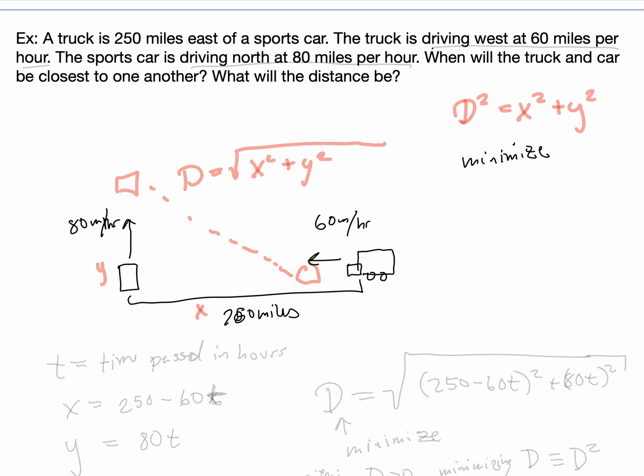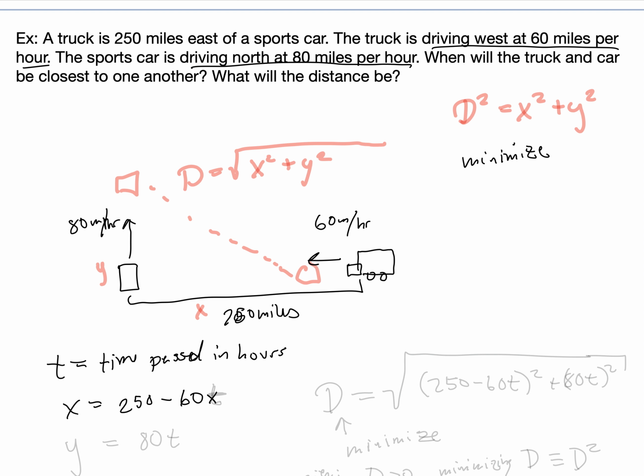We also know that the truck is driving west at 60 miles per hour and the sports car is driving north at 80 miles per hour. So this distance is changing, and we have to think about how it is changing over time. Let t be time passed in hours, and let's think about what x and y are. x, the horizontal distance, is 250 miles, the original distance, minus the truck driving 60 miles per hour.